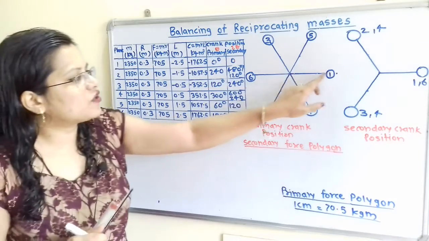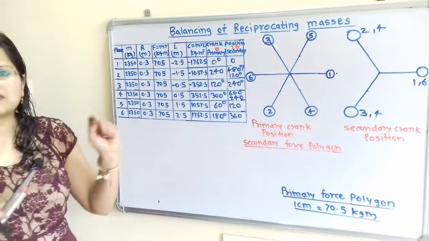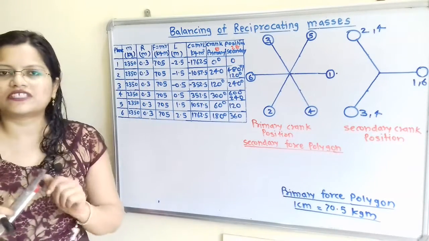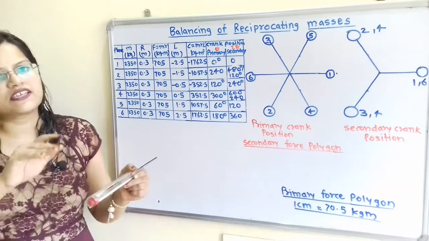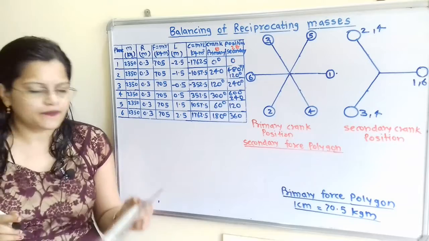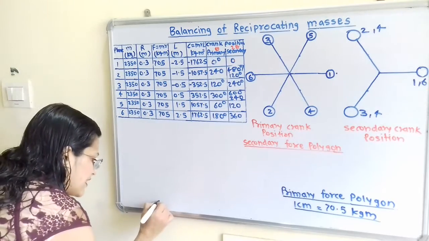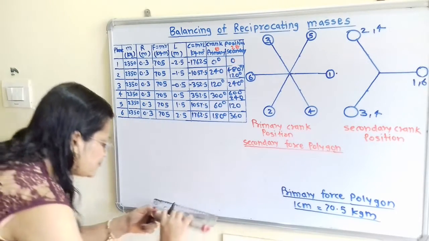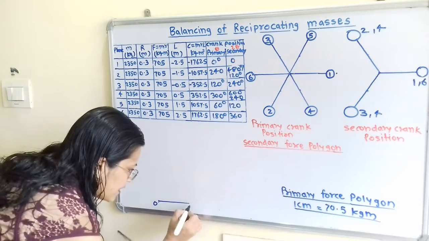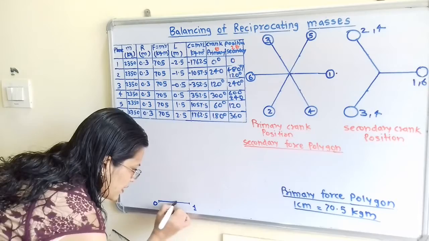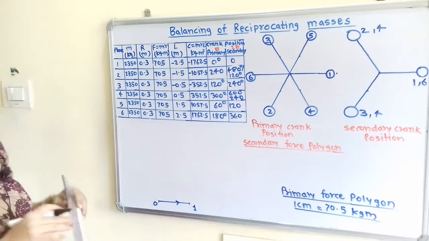It is at 0 degree, and the sign is also positive. So we have to draw one horizontal line, and the direction is towards the right hand side. We will consider here the reference point as 0, take a scale of 10 centimeter, and here we will give number 1, direction towards the right hand side.